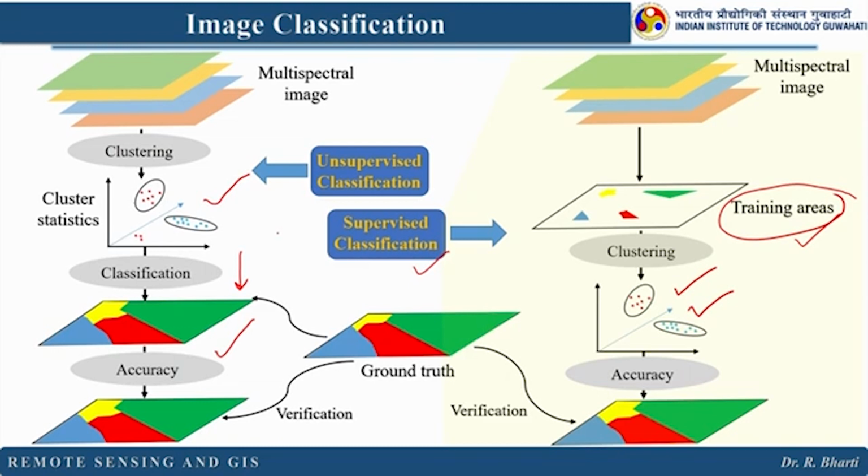So in unsupervised classification, clusters are formed based on statistical similarity. In supervised classification, these clusters are formed based on the provided data, which we refer to as training data. And in both classification techniques, we get a classified image.